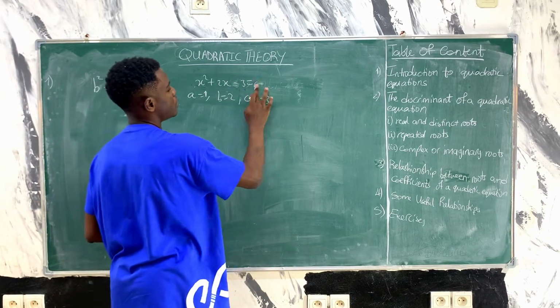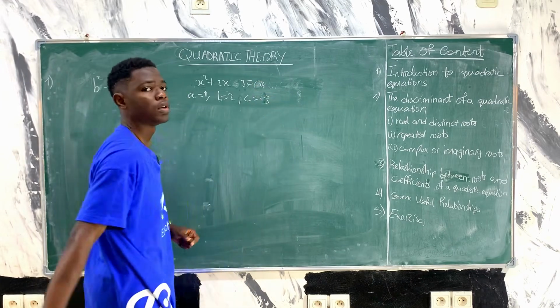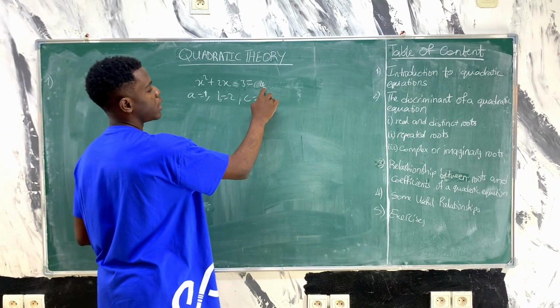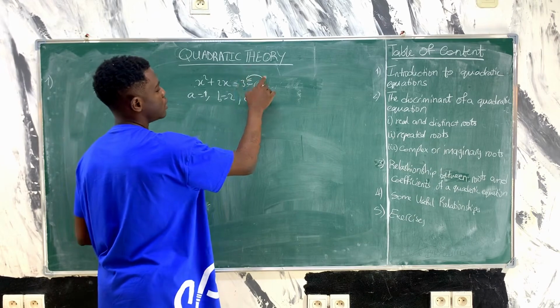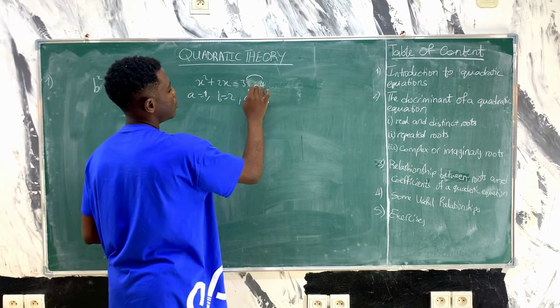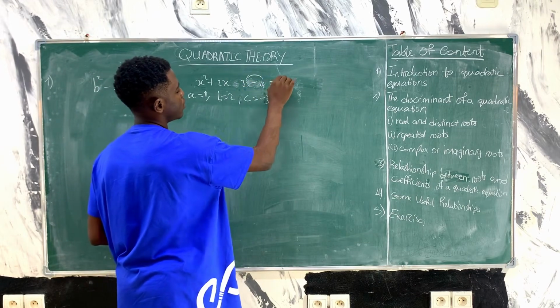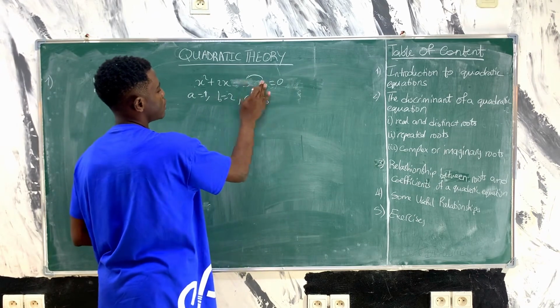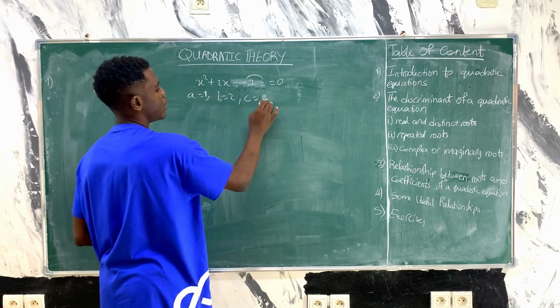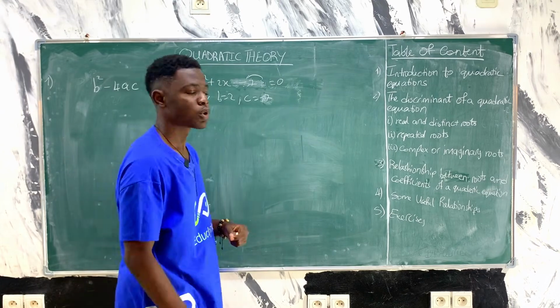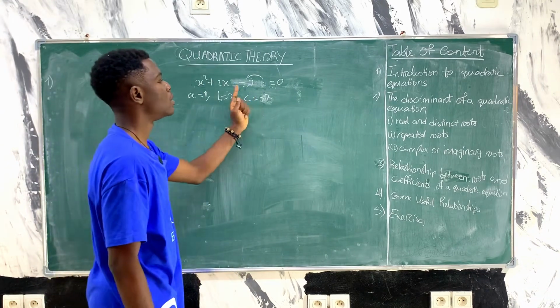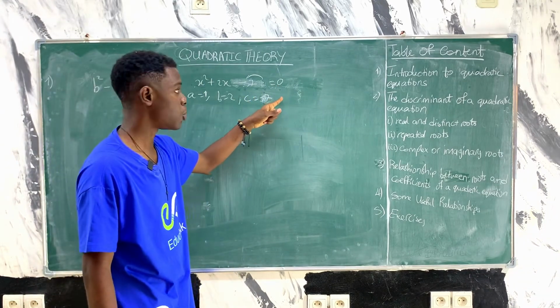If you had 4 minus 3 minus 4, you cannot leave the 4 as a separate number. You have to bring it inside. That will be 4 minus 3 minus 4, which equals minus 7. In that case, your c will be minus 7. So you can find your a, b, and c when the equation is equal to 0. It must be equal to 0.